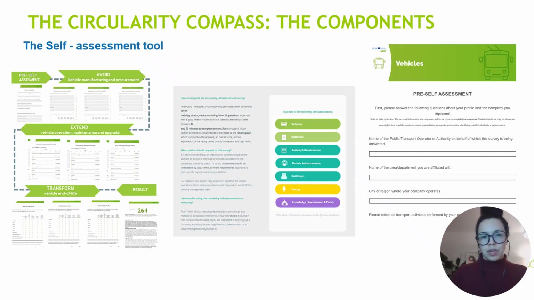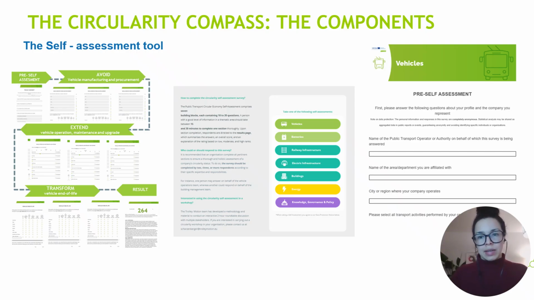And in the transform phase, it asks you about end-of-life practices, for example, how materials or assets are recycled, recovered, or dismantled at this stage. So this tool really provides a quick snapshot of the circularity level of your company, your organization, and it gives you a score at the end, and it ranks it in low, medium, or high levels.